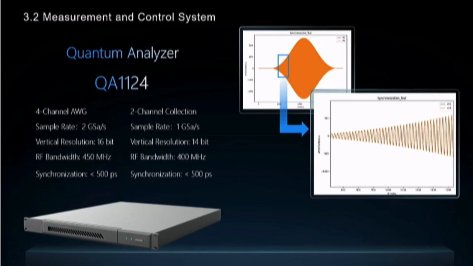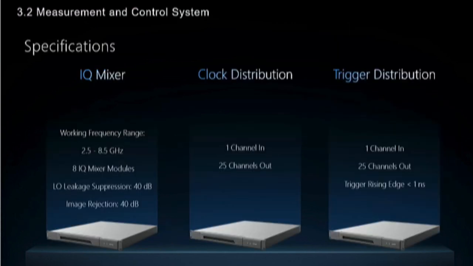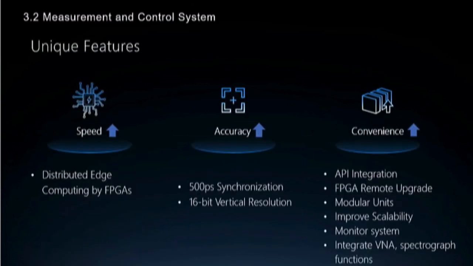And for the quantum analyzer part, it's a 4-channel AWG and a 2-channel collection. And we have some other components. If you have so many qubits to control, you need to use some trigger distributor to make sure all qubits see the signal at the same time.